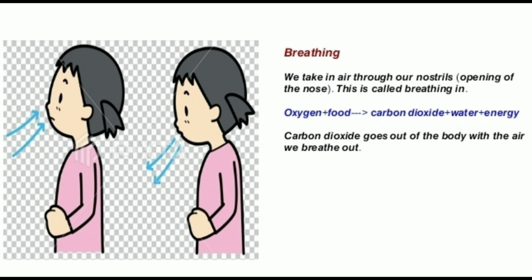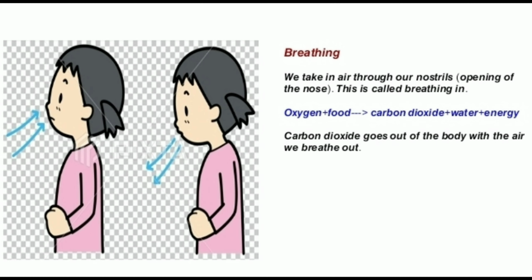Now we will learn about another characteristic that differentiates a living being from a non-living being, and that is breathing. We take in air through our nostrils, that is the opening of the nose. This is called breathing in.